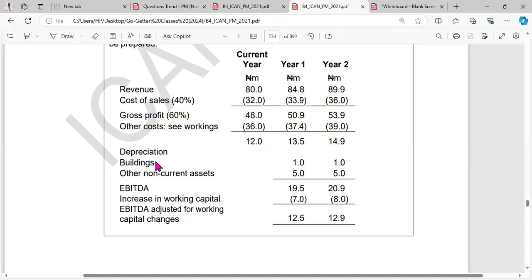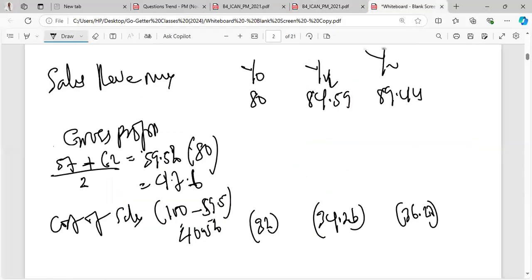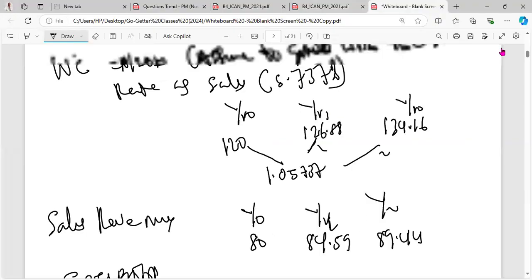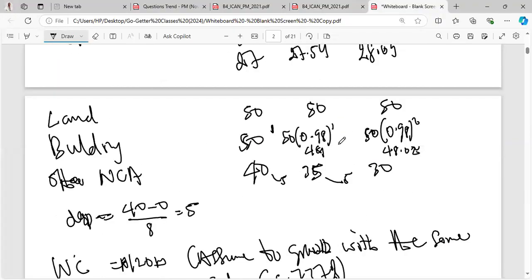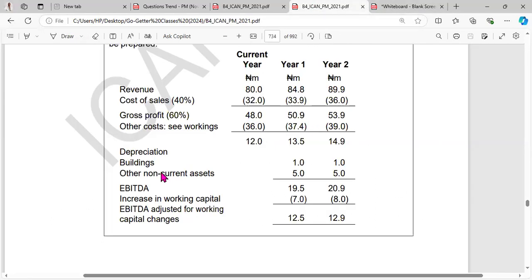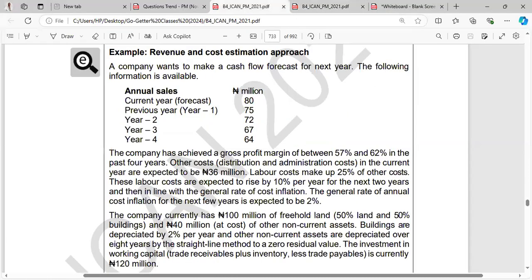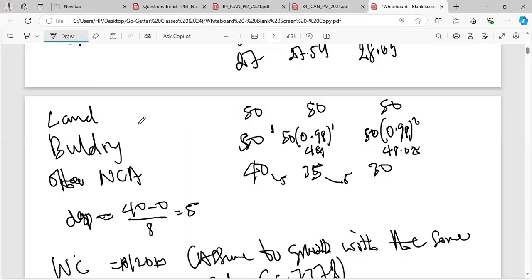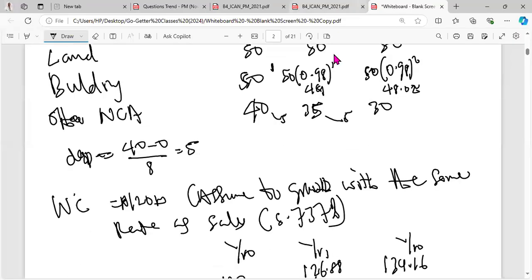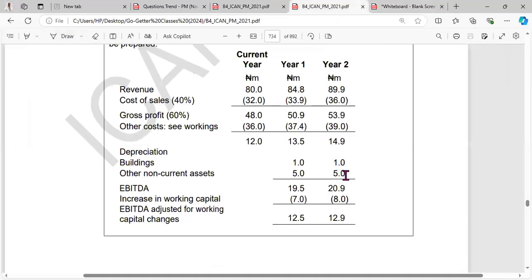Depreciation in buildings, we had 1. I think it's still the same 1. So that's what is put down here. Then other non-current assets, we got 5, which is the 5 that is put here.